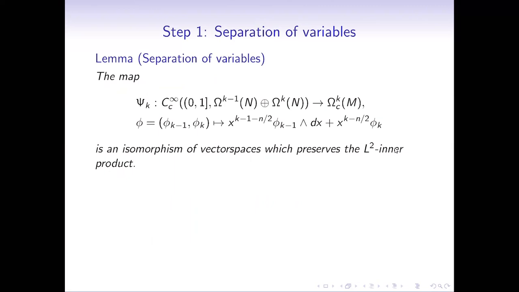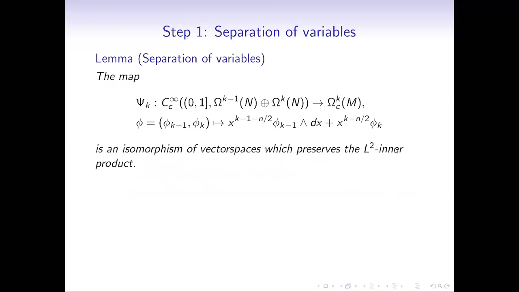Basically, we're going to write K-forms on M, which we have over here, compactly supported away from the boundary and the singularity. The K-forms consist of a part that's a K-form on the base manifold and a K-1 form on the base manifold wedge dx.